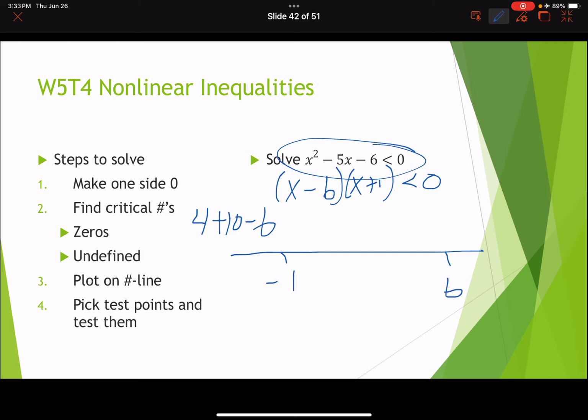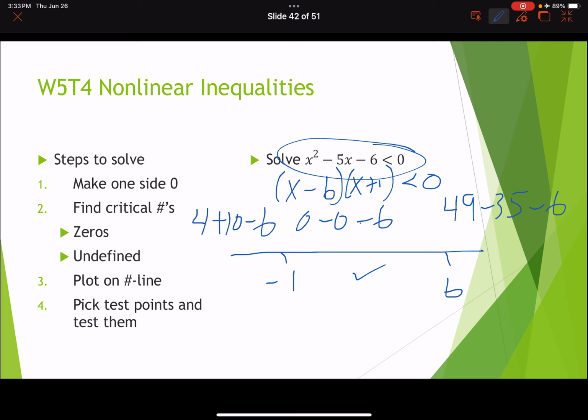If you choose a number between -1 and 6, the easiest thing to choose is 0. That's going to be 0 minus 6, which is -6, so this is a solution, that area. Then you choose a number that's bigger than 6, let's say 7. That would be 49 minus 35 minus 6. 49 minus 35 is 14, minus 6 is 8.